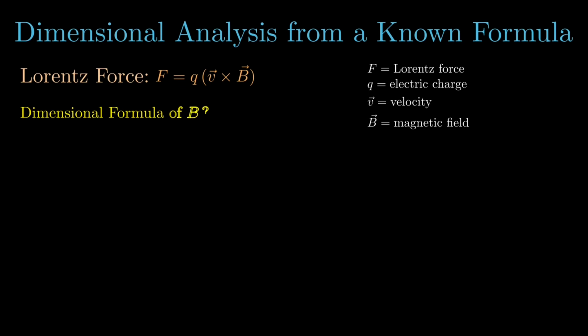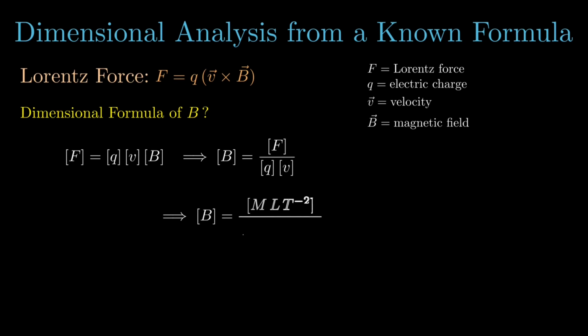So suppose we are to find the dimensions of B. We first write the dimensional statement again, and from that we obtain that B equals F over Q times V dimensionally.